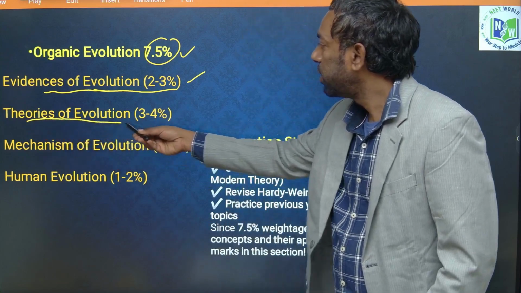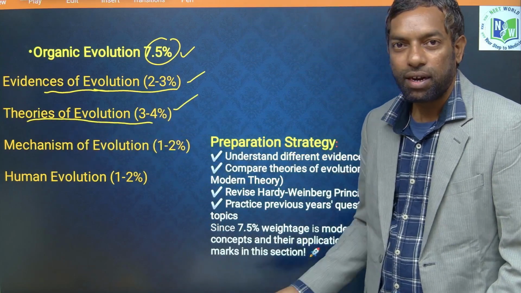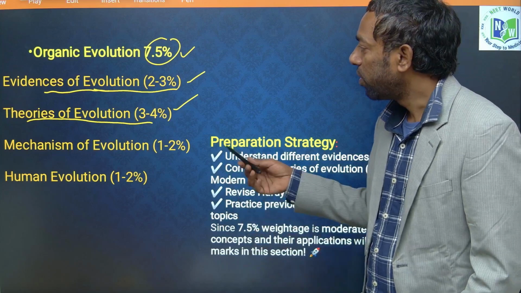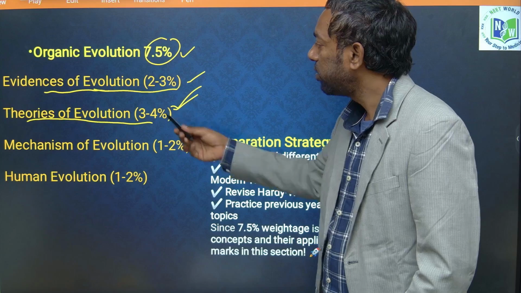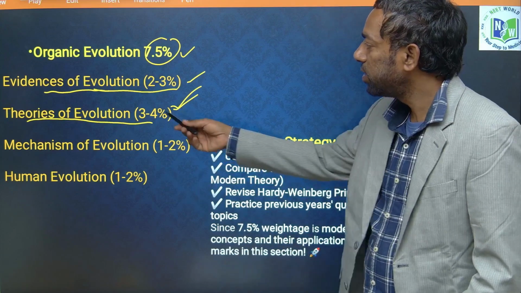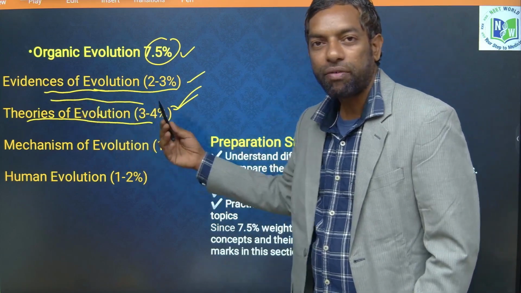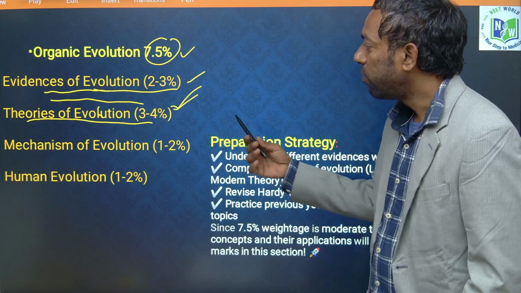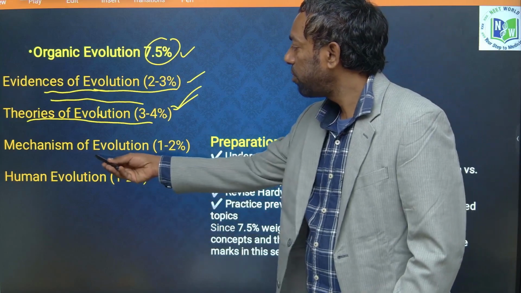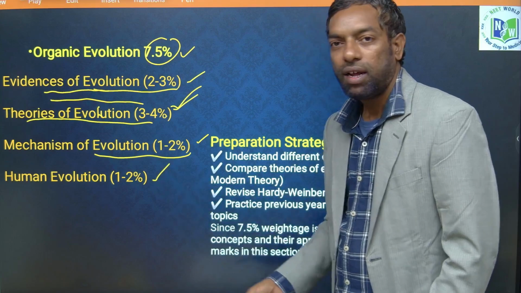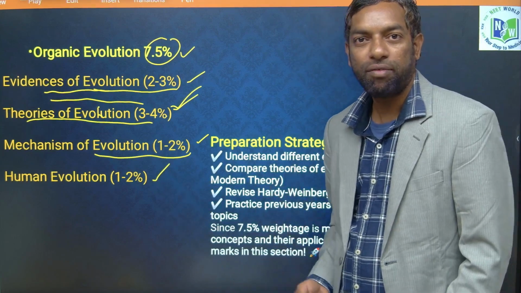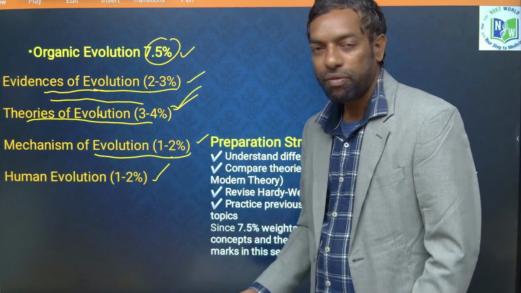That is 3%. Then the theories, guys: Darwin's theory, Lamarckism, Hardy-Weinberg equilibrium. They can ask you 3 to 4% from theories, so you have to focus on theories. Mechanism of evolution is 2%. Human evolution, the anthropogenic development of the human being, is 2%.